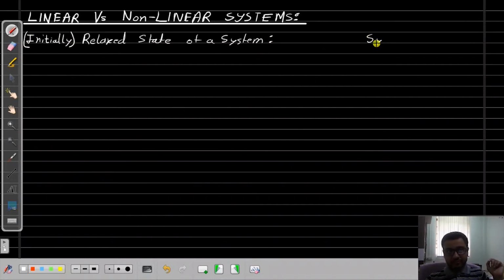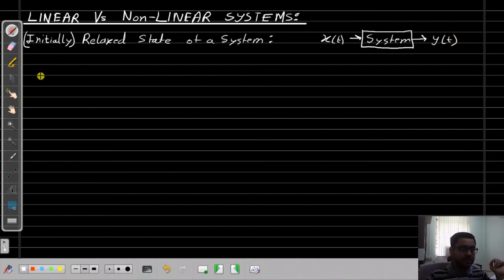Consider a system with input x(t) and output y(t). Suppose this is the signal x(t) as a function of time.